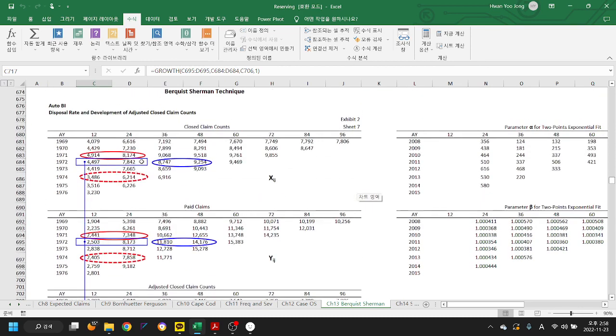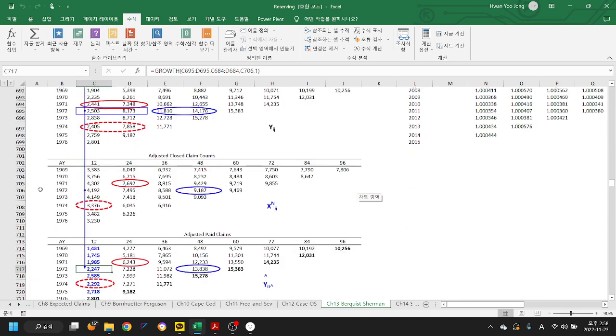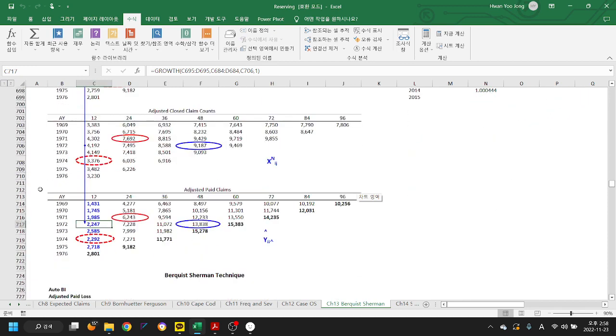I can use the same one, because I don't have development shorter than 1 year. So in this regression, it's like extrapolation. Okay, I can just understand it, right?